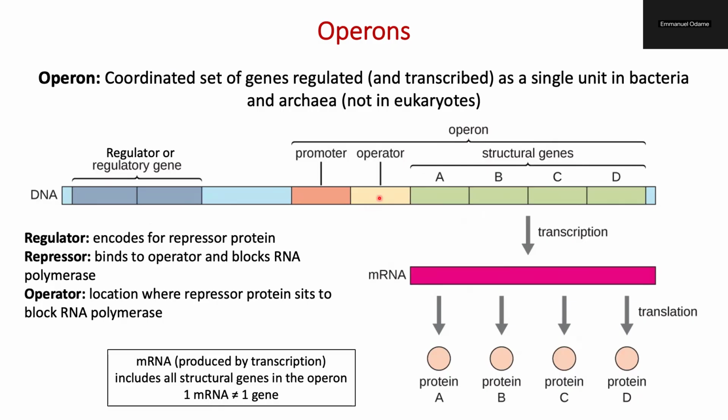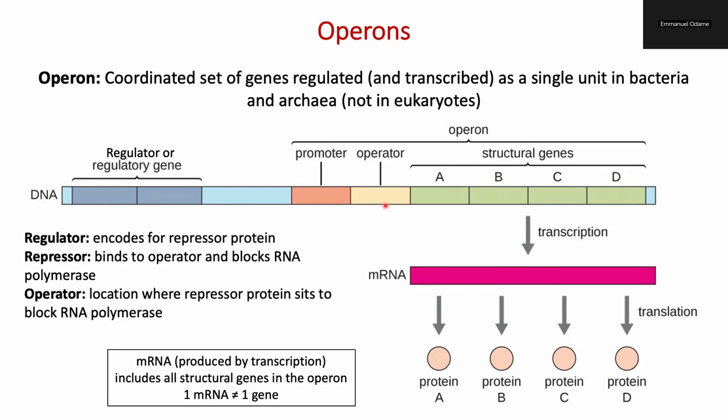RNA polymerase is supposed to bind to the promoter region and help the transcription of all of these genes, in this case A, B, C, D. But the regulatory gene will produce a protein that will come and bind to this operator region, halting or blocking the transcription by RNA polymerase. I hope this is clear.